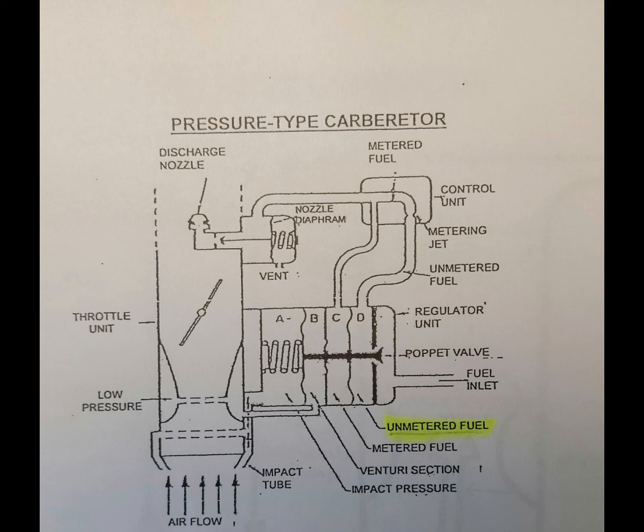Sealed bellows that expand or contract with changes in atmospheric pressure. In what position do you place the mixture control of a pressure injection carburetor to stop the engine? In the idle cutoff position.